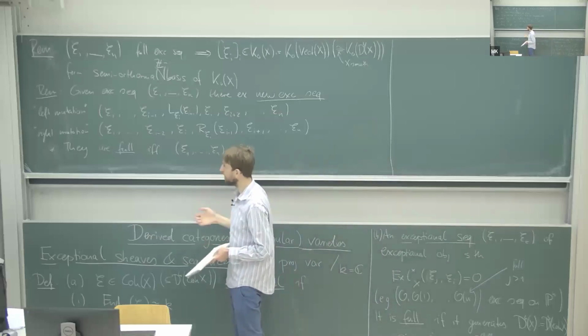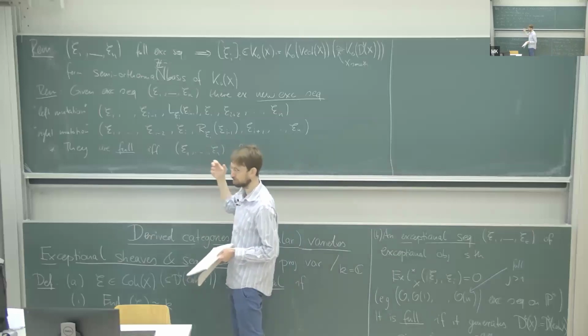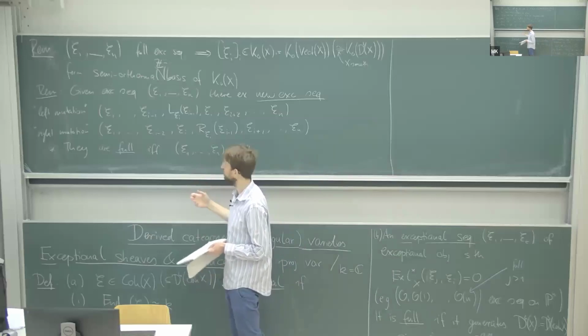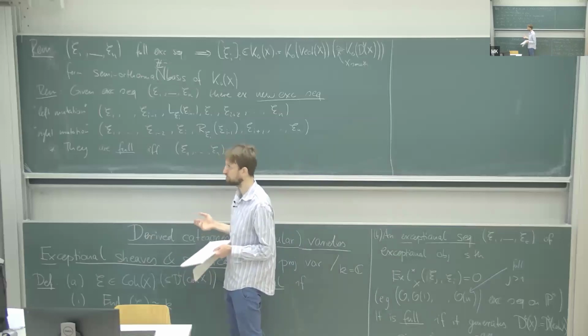There are examples of exceptional sequences which form Z bases of the Grothendieck group, but they don't generate the corresponding derived category.